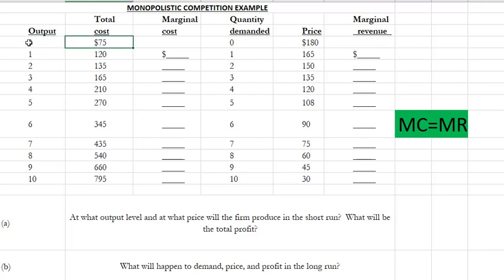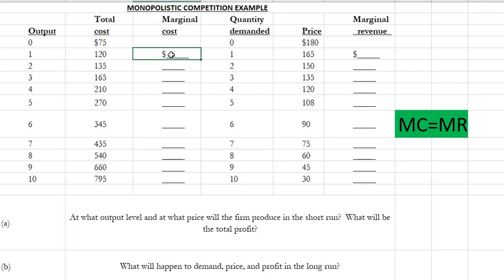When you increase output from 0 to 1, your total cost went up to 120. Think, marginal cost is the change in your total cost. Because you increase output from 0 to 1, you got one more unit of the good, your cost moved from 75 to 120.